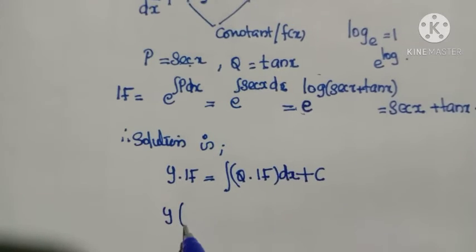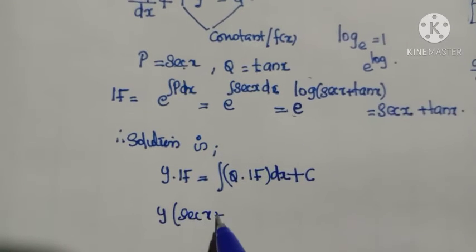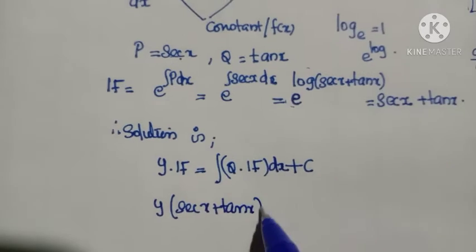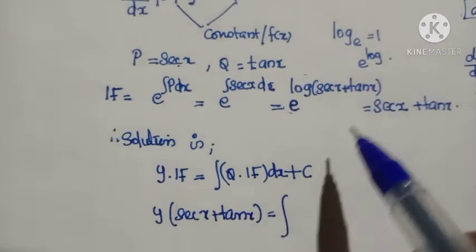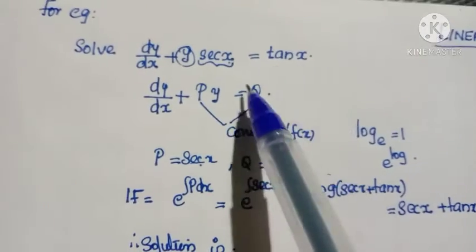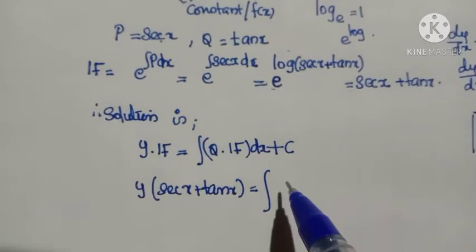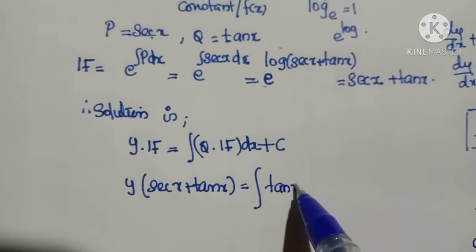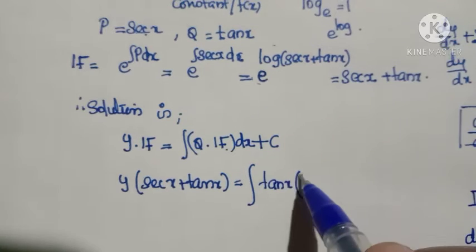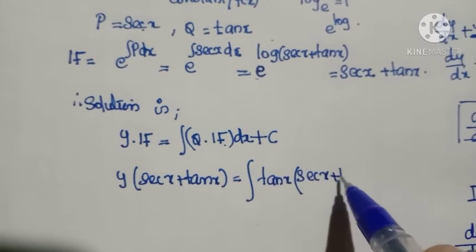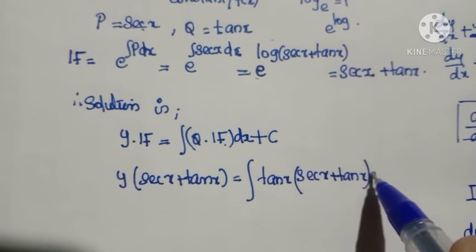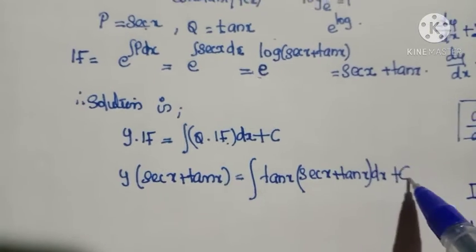So y into sec x plus tan x is equal to integral q. What is q here? q is tan x. So tan x into integrating factor, that is sec x plus tan x dx plus c.